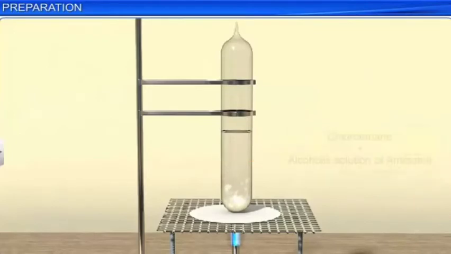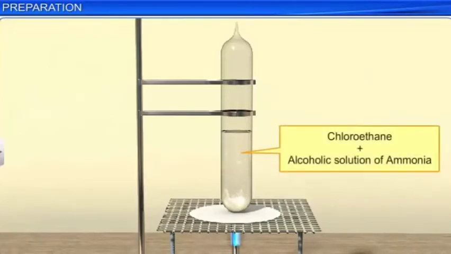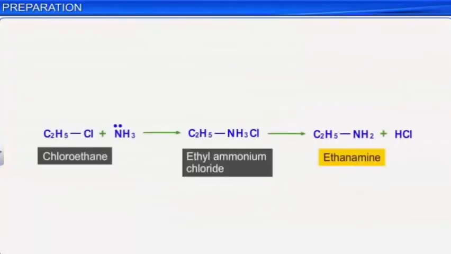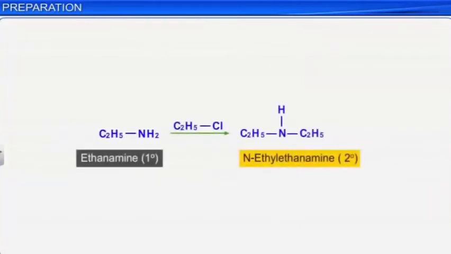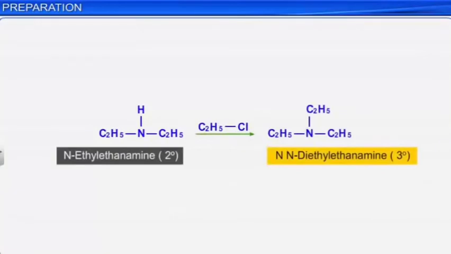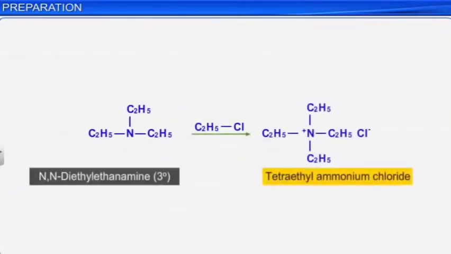For example, when a mixture of chloroethane and alcoholic solution of ammonia are heated in a sealed tube at 373 Kelvin, a mixture of ethanamine, N-ethylethanamine, N,N-diethylethanamine, and tetraethylammonium chloride salt is produced.